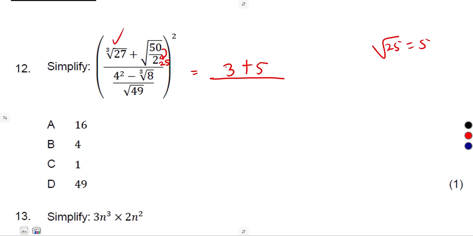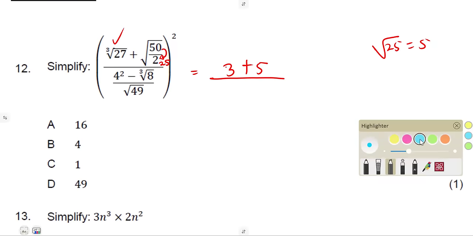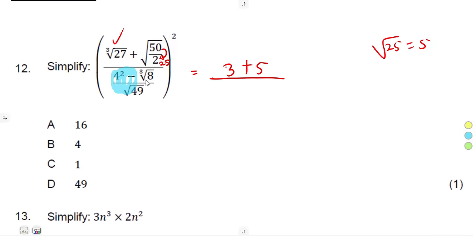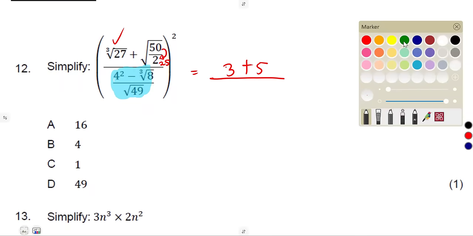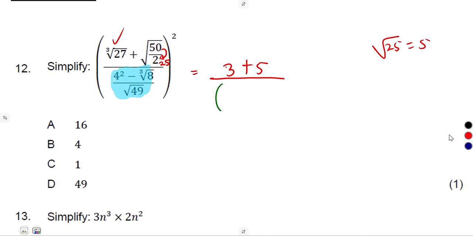Everything over what? Guys, this is the denominator here. It is just like a single term. So when you simplify it, it is best for you to even just open brackets for that. You consider it as a single term. So this is 4 squared, 16, minus the cube root of 8, which we know as 2.